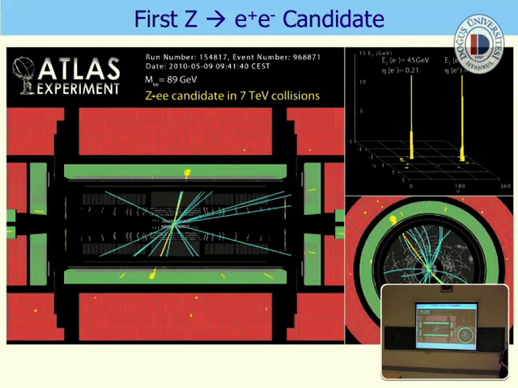Why don't hadrons deposit energy in the electromagnetic calorimeter? You have followed the QCD lecture, you should be able to answer. The question is why the hadrons are not depositing their energy in the electromagnetic calorimeter?